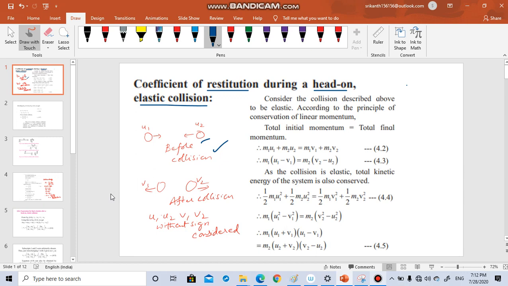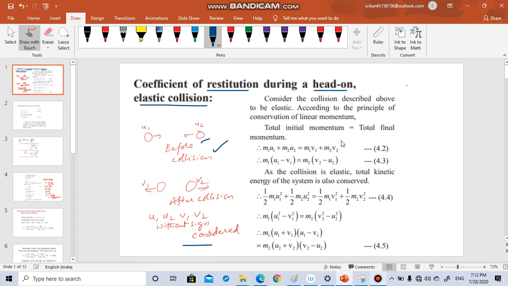Different cases may arise depending upon the masses and the speeds. Here in general terms we are writing that u1, u2 are the initial speeds and v1, v2 are the final speeds. We are not talking about the directions; without sign is considered in the derivation.